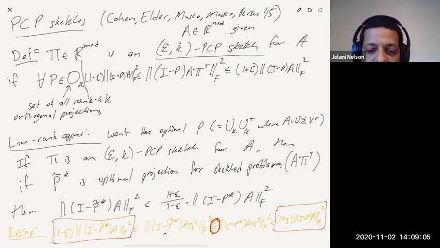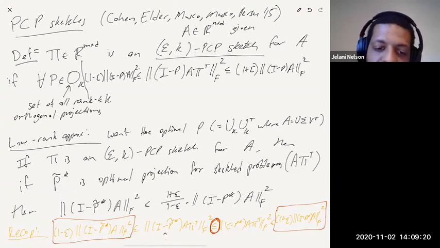It's an alpha approximation algorithm. Now I can say that the norm of identity minus p tilde times the matrix, squared, is at most alpha times the norm of identity minus p tilde star times the matrix, squared.